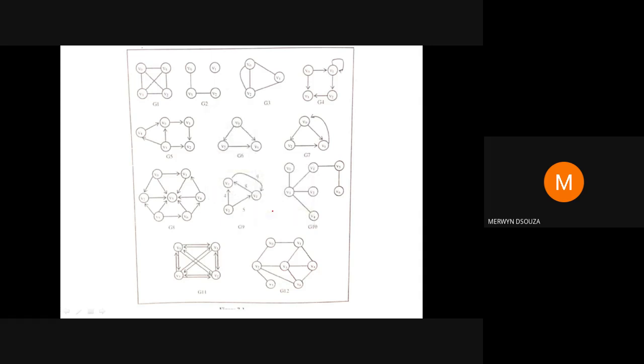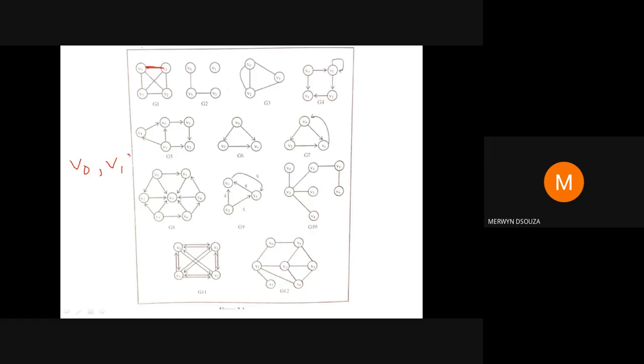The next definition that you need to know is incidence. In an undirected graph, the edge (U, V) is incident on the vertices U and V. What is the meaning of incident edges? Suppose you consider this edge, whose name is (V0, V1).